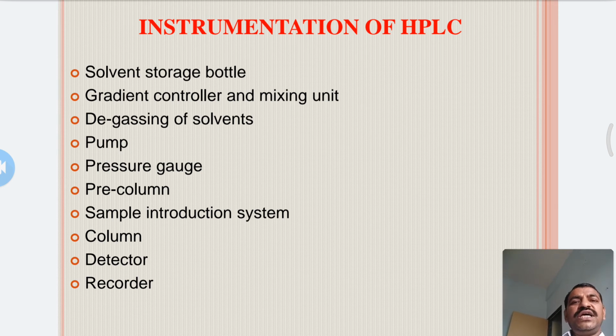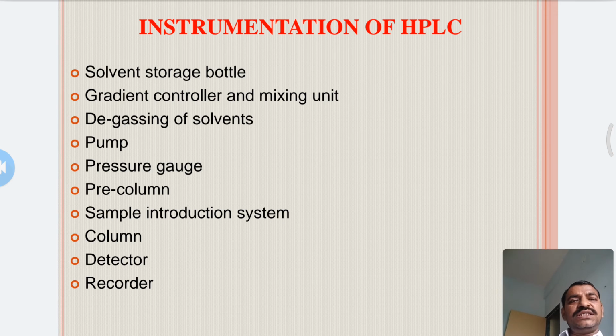Next is the pre-column, and then the column. The pre-column is smaller compared to the column. The pre-column maintains the solvent and transfers pure solvent towards the main column.